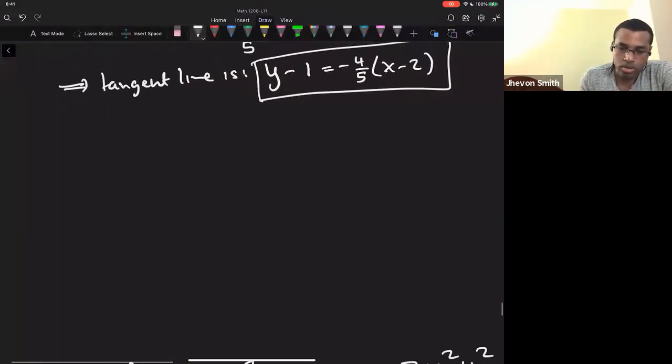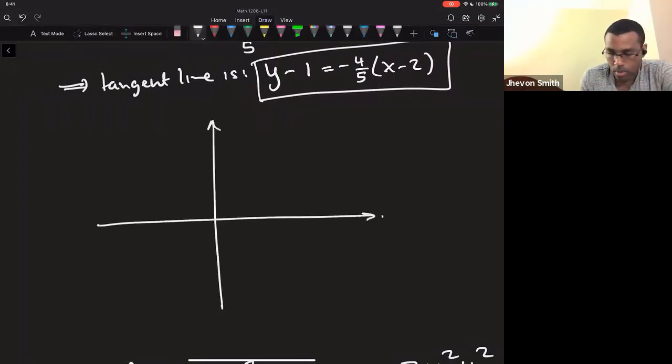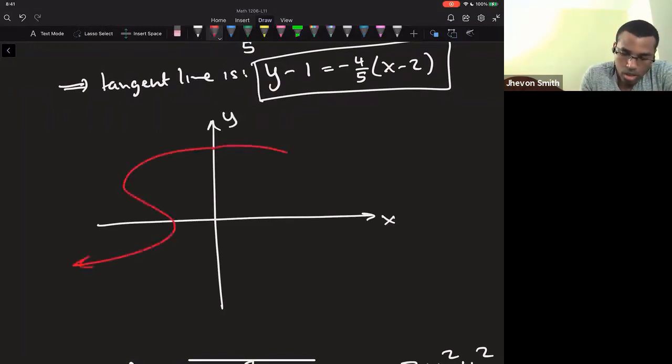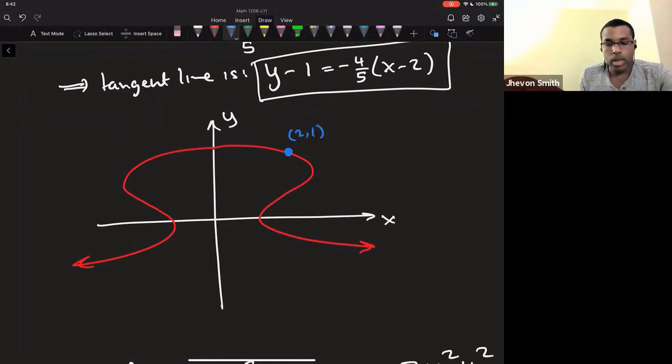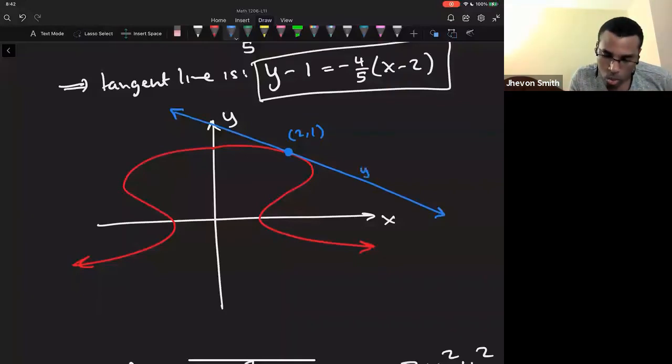So if I took the Folium of Descartes, this guy here, and someone gave me the coordinate, 2, 1, then the tangent line at 2, 1 would be y minus 1 equals minus 4 over 5 times x minus 2.